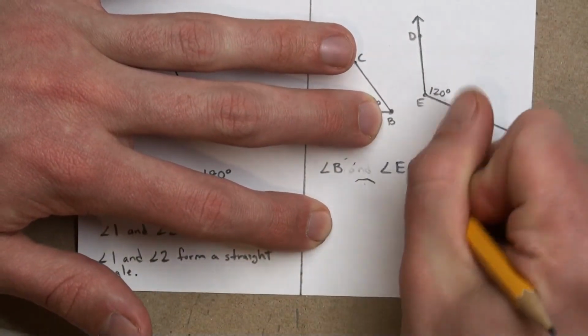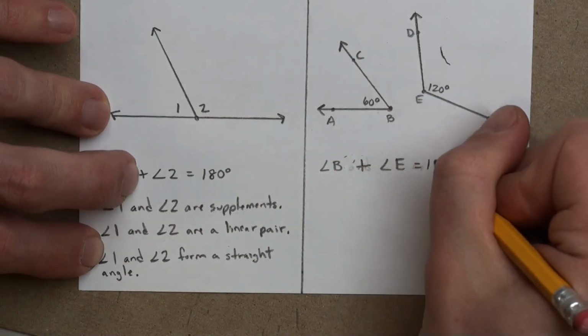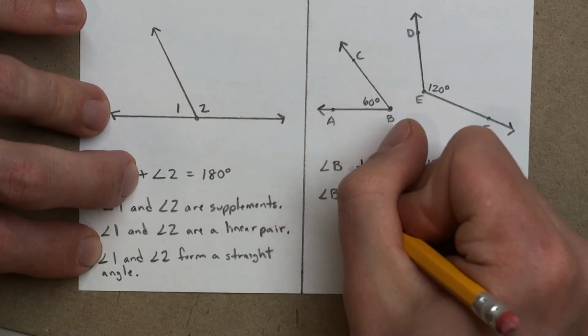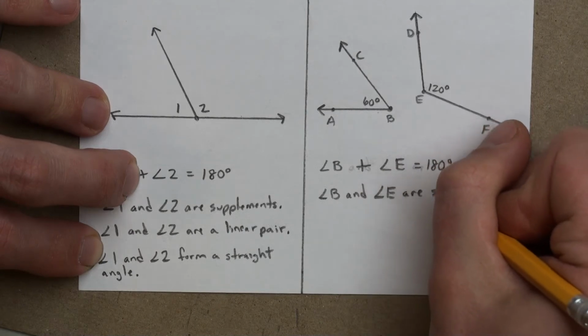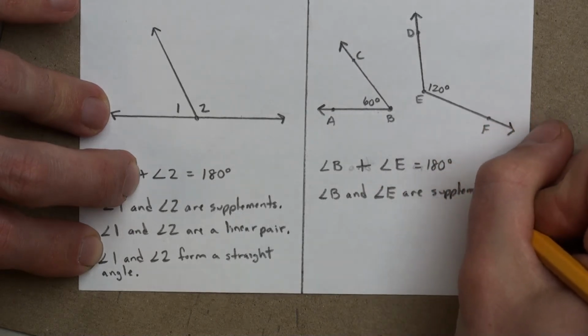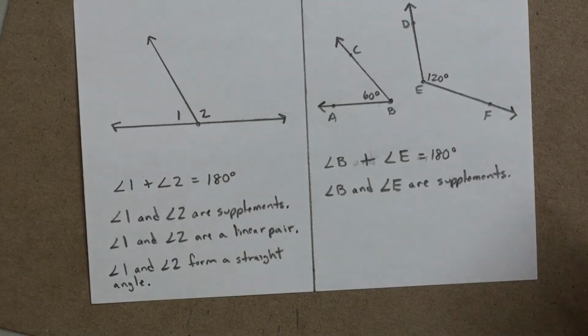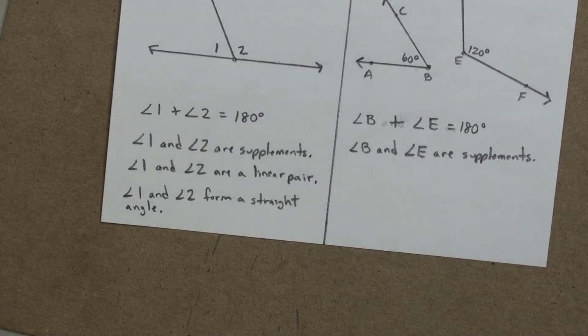Actually, first we'll say angle B plus angle E equals 180. So angle B and angle E are supplements. Okay. So that's that one.